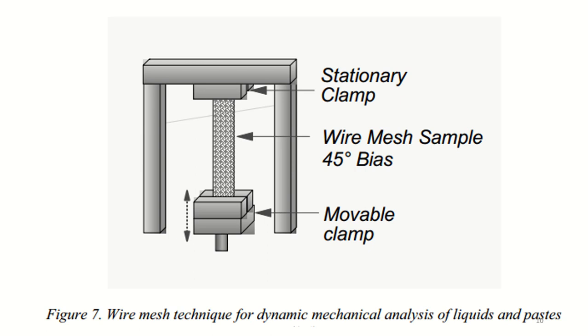Samples spotted on metal shim or glass fabric are normally analyzed in the dual cantilever mode. In Figure 7 we can see the wire mesh technique for dynamic mechanical analysis of liquids and pastes. There is a stationary clamp which is unable to move, while there is a mesh between the stationary clamp and the movable clamp.